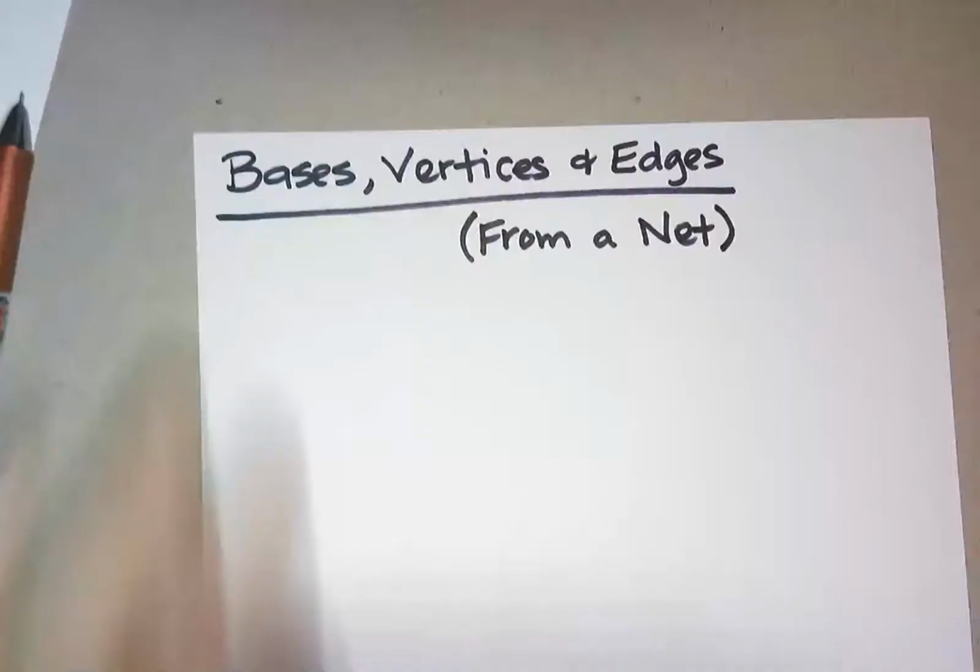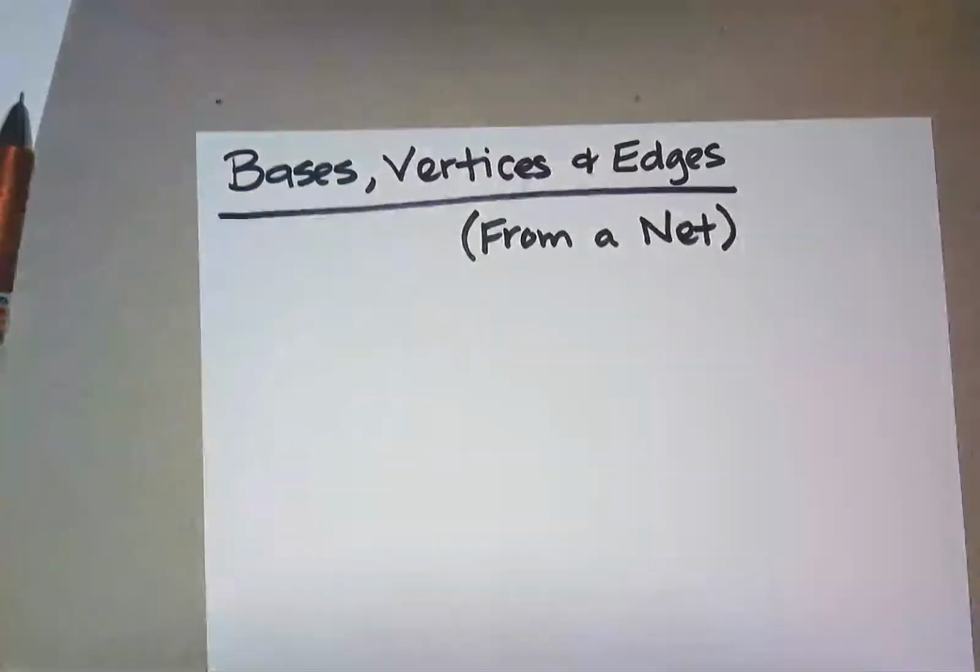So what I would do is, if I was given a net for all of the three shapes, I need to recognize that the net is either a cube, a prism, or a triangular prism. Then I would draw the 3D shape. Then I would find the bases, vertices, and edges. And this is what I mean.